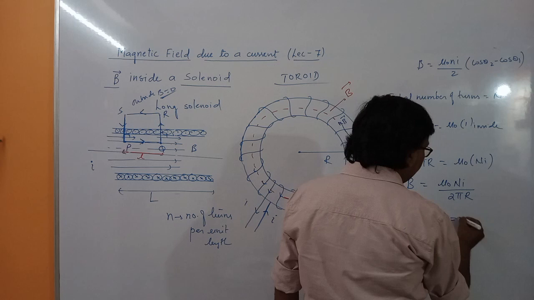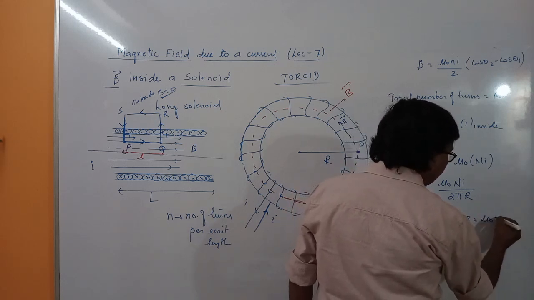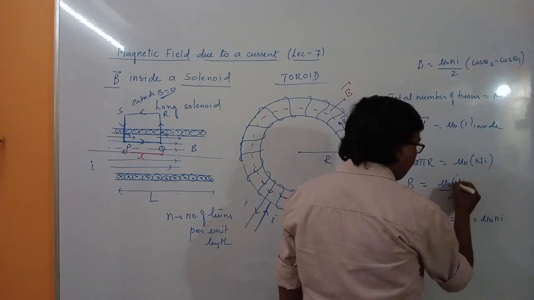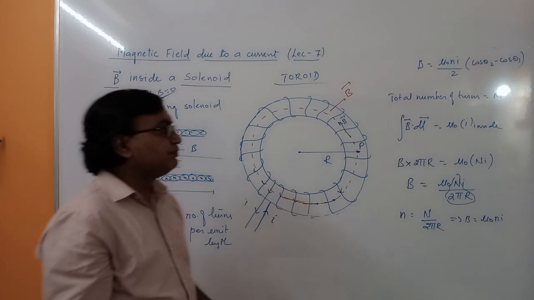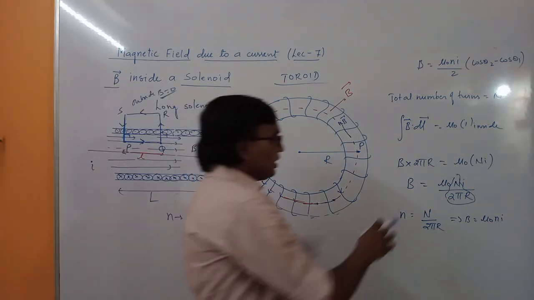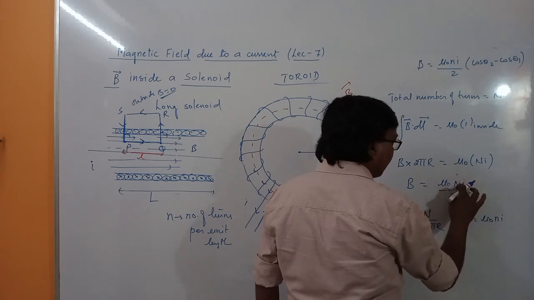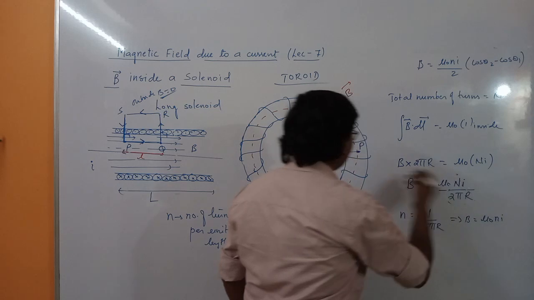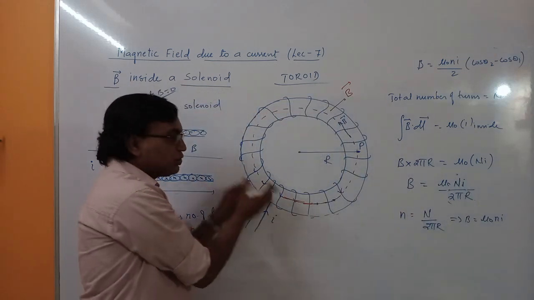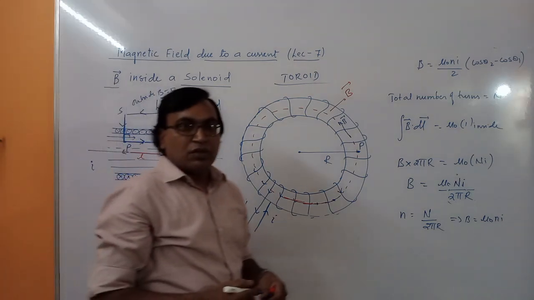So the magnetic field again is the same, that is mu naught n into I, because N by 2 pi r is nothing but small n. Okay, so that is the magnetic field due to a toroid. It is the same, because that is also a solenoid. This is a solenoid, two ends of a solenoid are joined here.